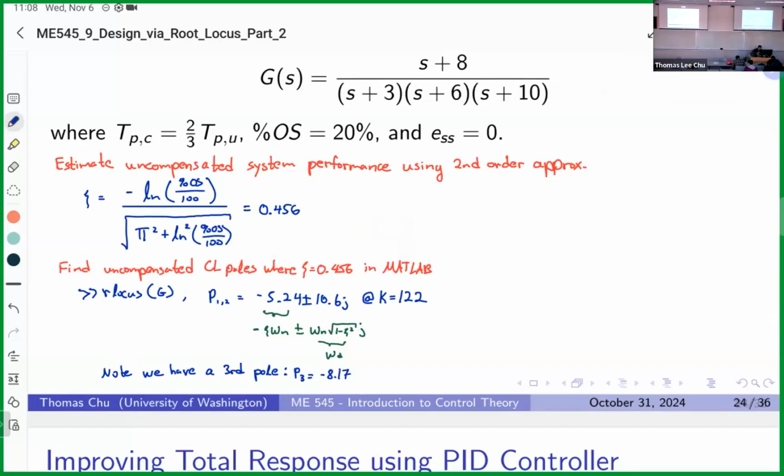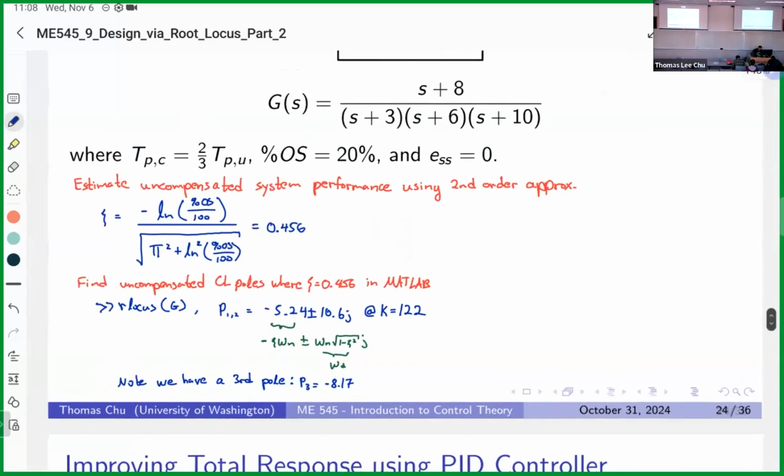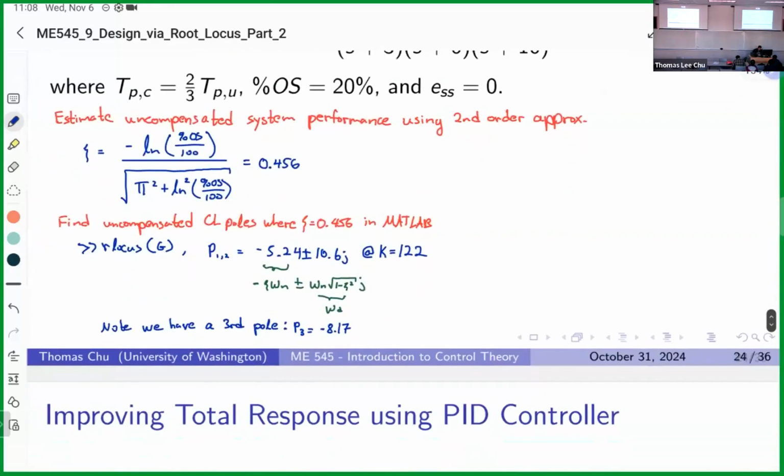So second order approximation will not be perfect, because if we look at the pole location, minus 8 is not 5 times further away from minus 5 compared to the origin. So second order approximation may not be reliable due to the 5 times rule.